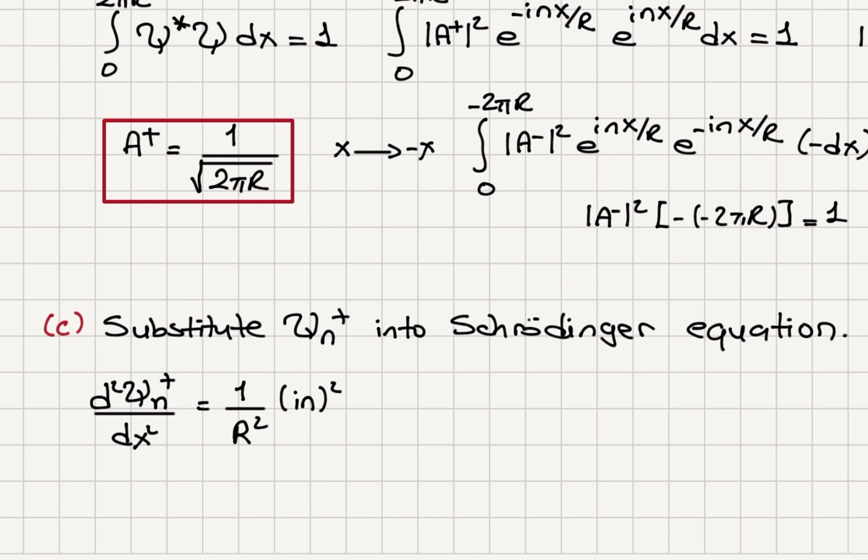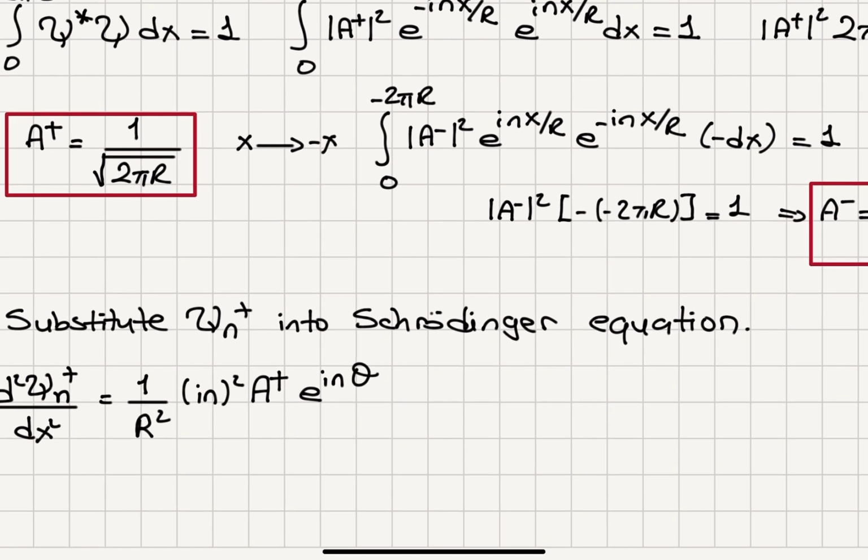So from the second derivative we will get i n twice, i n square, and then we will have a plus e to the i n theta, which is x over r. Now this will give me minus n square over capital R square psi n plus.